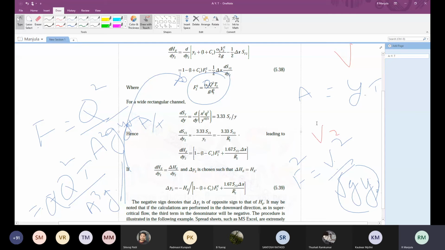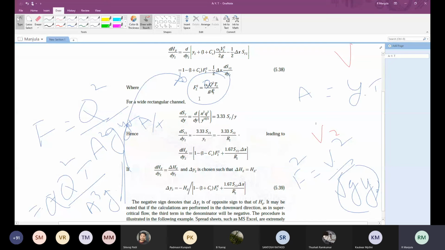You are taking only the depth and a wide rectangular channel. So this can be 3.33 into sf by y, and substituting back, you will be getting the differentiation of sf2 by dy2. Substitute back here, and you are getting dhe by dy2 is delta he by delta y2, and delta y will be chosen in such a way that delta he will be equal to he.